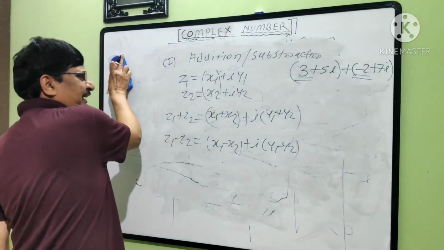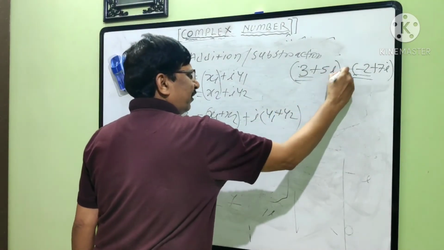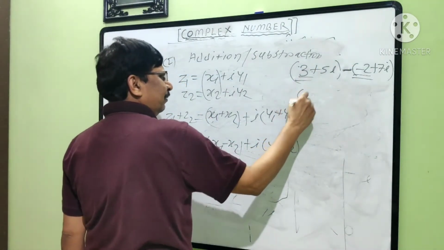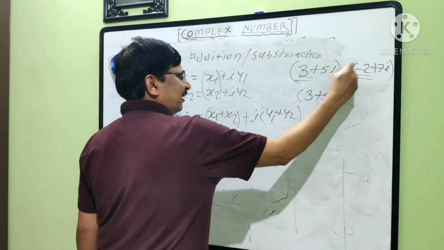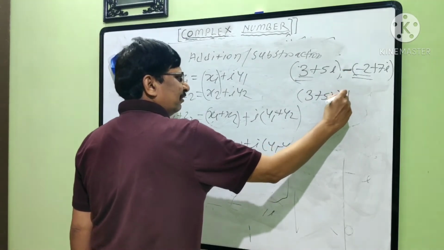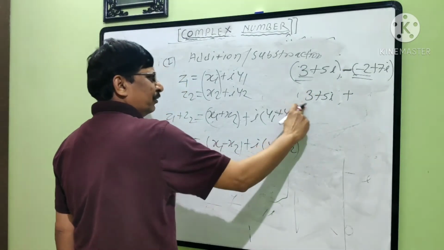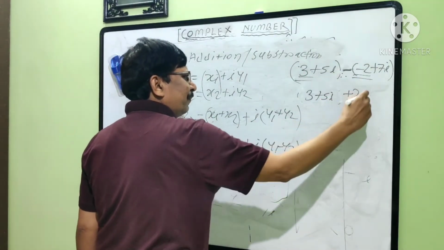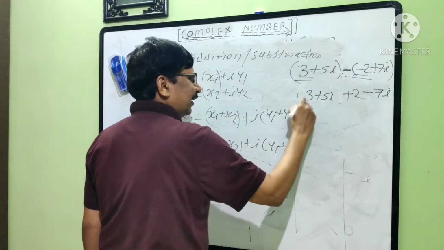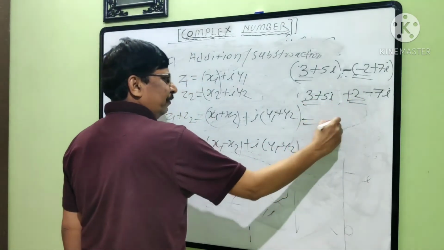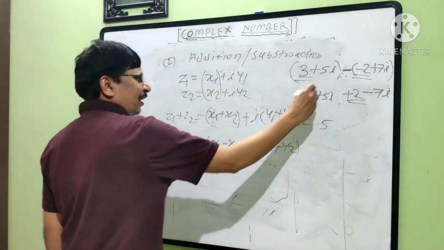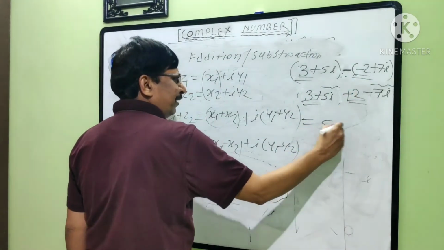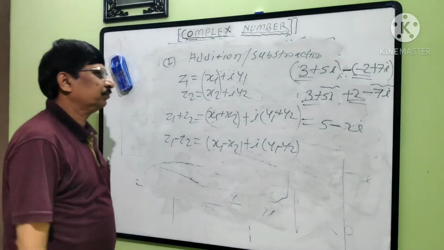The real number 3 plus 5i stays, and because of the minus sign, I remove the bracket: minus of minus 2 becomes plus 2, and minus of plus 7i becomes minus 7i. Now the real part is 3 plus 2, that is 5, and 5i minus 7i, that is minus 2i.